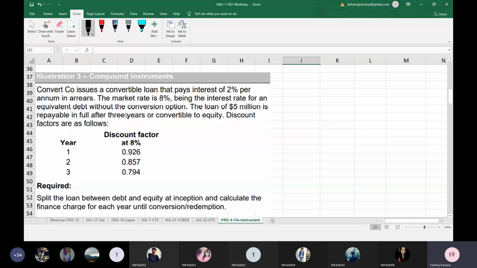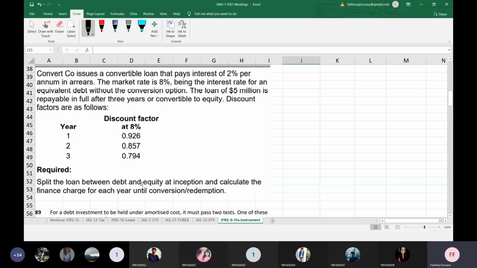Now, required: split the loan between debt and equity at inception, the initial time, and calculate the finance charge for each year until conversion or redemption.